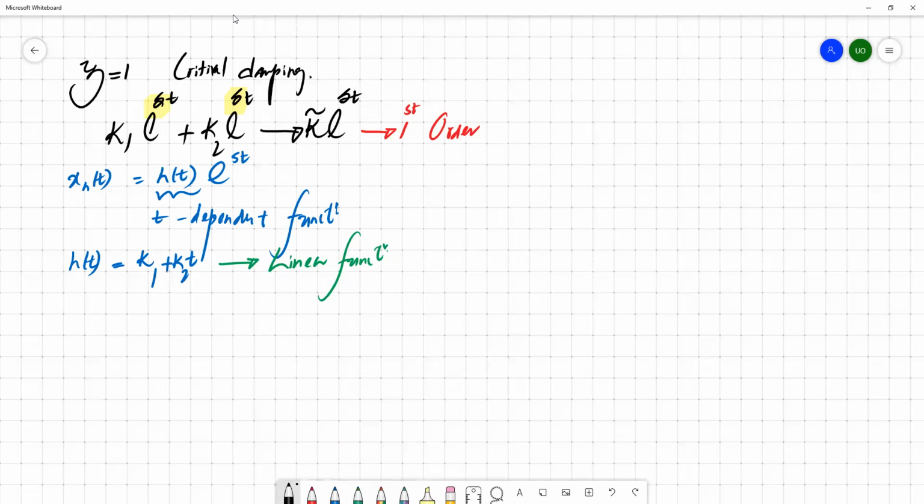So the ultimate response x_n(t) is in the form of K1 e to the power sigma t plus K2 t e to the power sigma t.